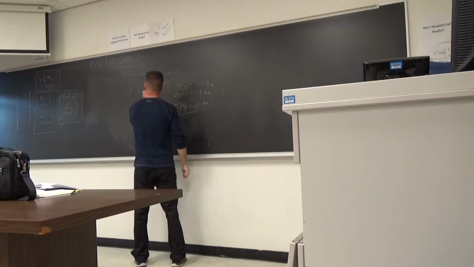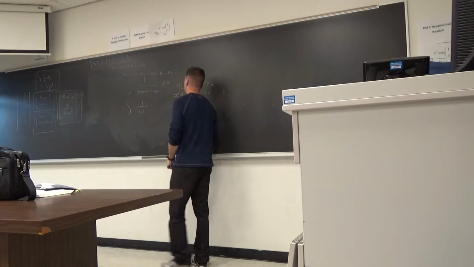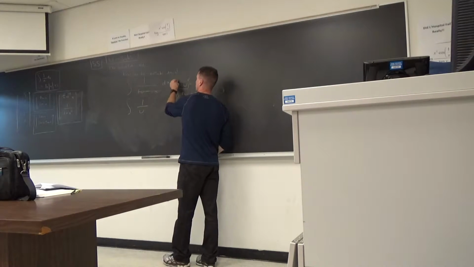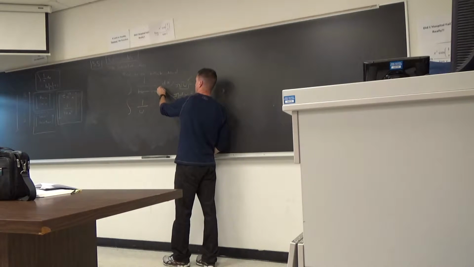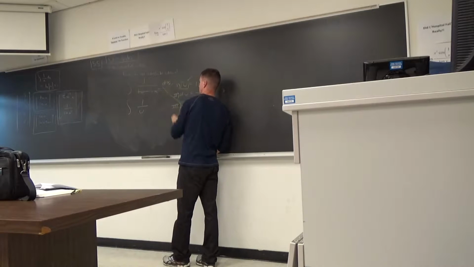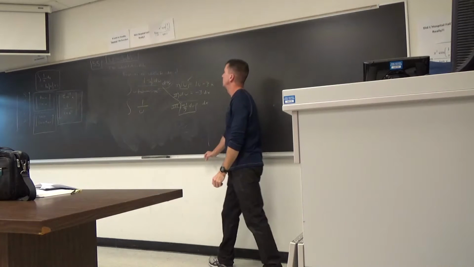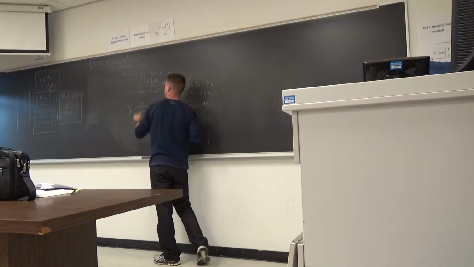What's this become? u. What's this replacing? 1 dx. The 1 dx goes out. You get -1/3 du. So you've got a 1 times a -1/3 du.